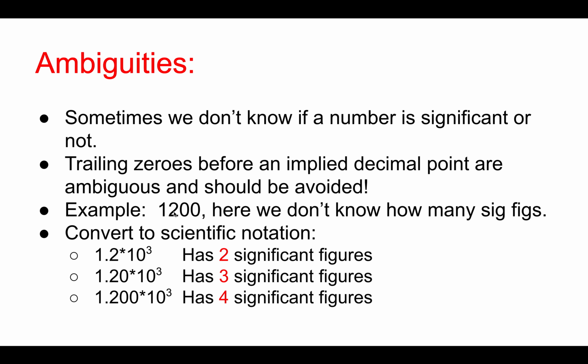If it's just two numbers that are significant, we would have to write it as 1.2 times 10 to the third. If there's three numbers, then 1.20 times 10 to the third. If all four, then 1.200 times 10 to the third. Okay, 2, 3, 4 significant digits. Try to avoid these. Later, I actually show you an example from another textbook where they have an ambiguity.